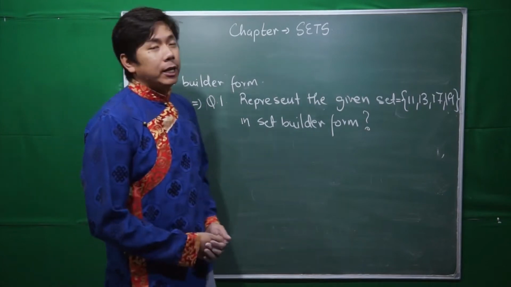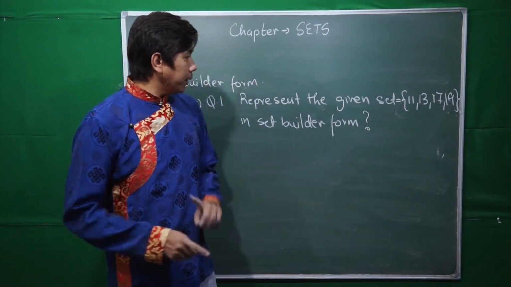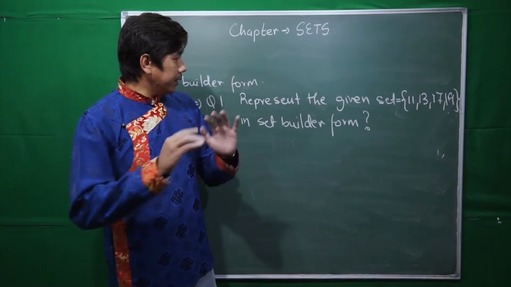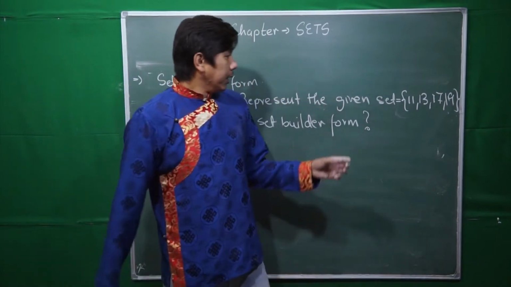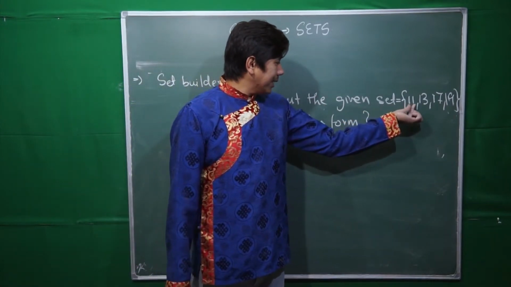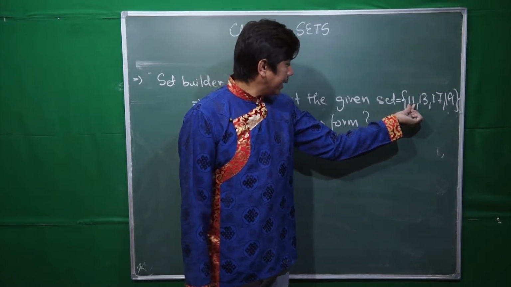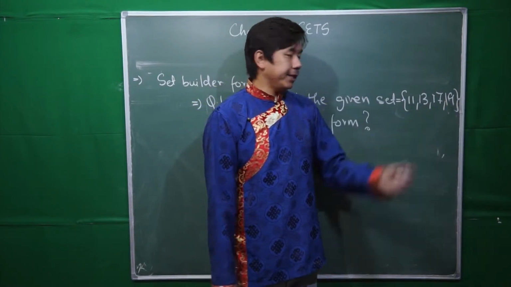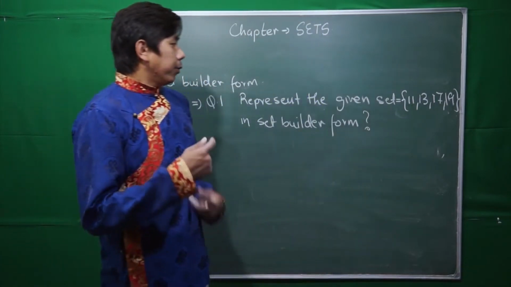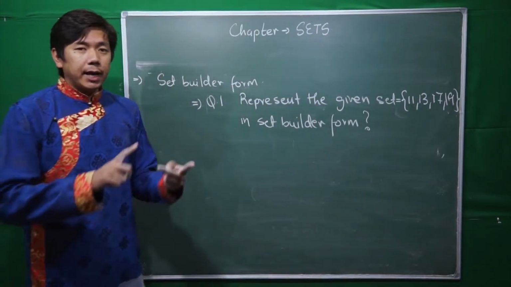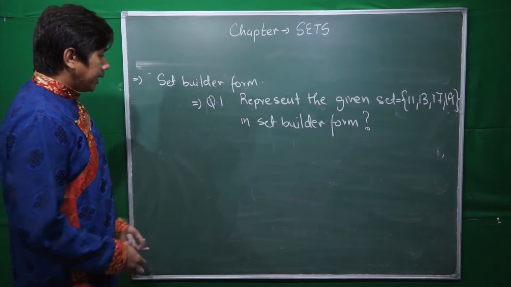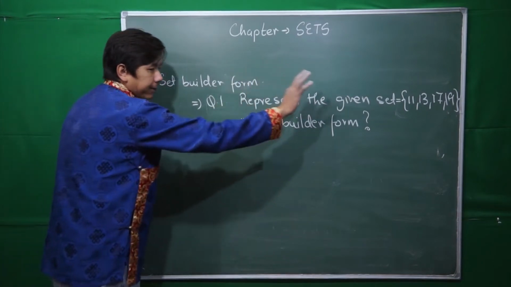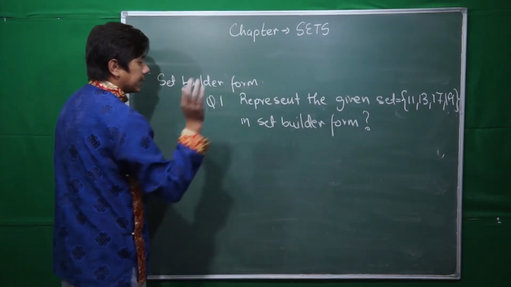Second, we need to know the limitations in which the numbers are bounded. So the limitation is that it is greater than 10, and over here it is less than 20. Now we get two things: first, the nature and the limitations. Now using these two things, we can represent the given roster form set in set builder form.